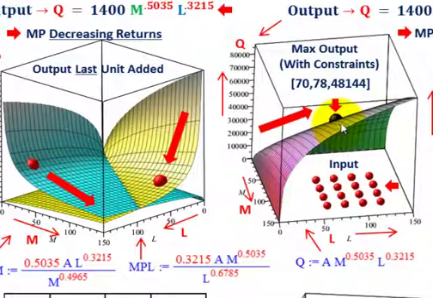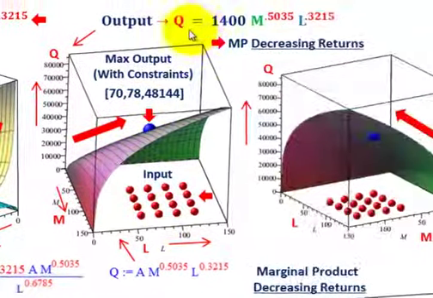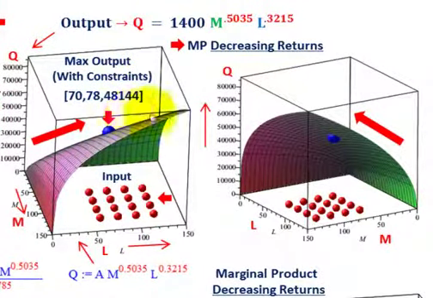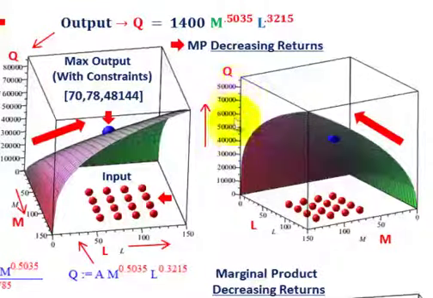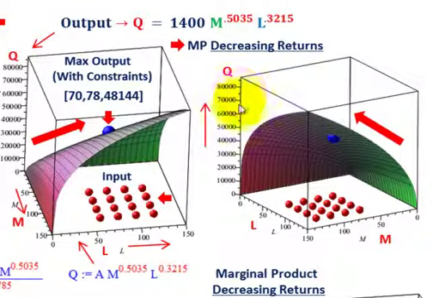Now maybe we better move on, and remember this was our function, Q equals that. That was our profit function. So with decreasing marginal product, our output, in this case our profit, is increasing but at a slower rate as we add more labor and more material.